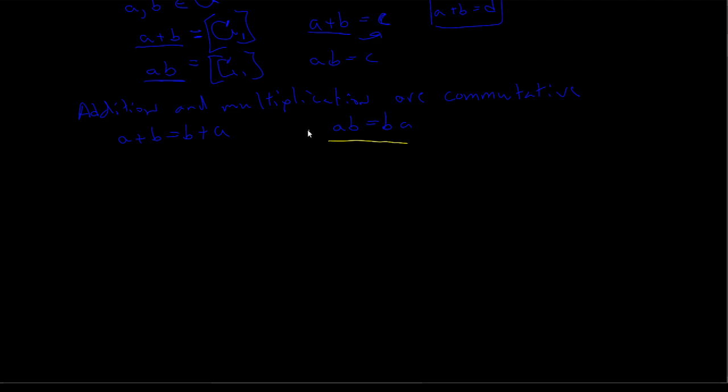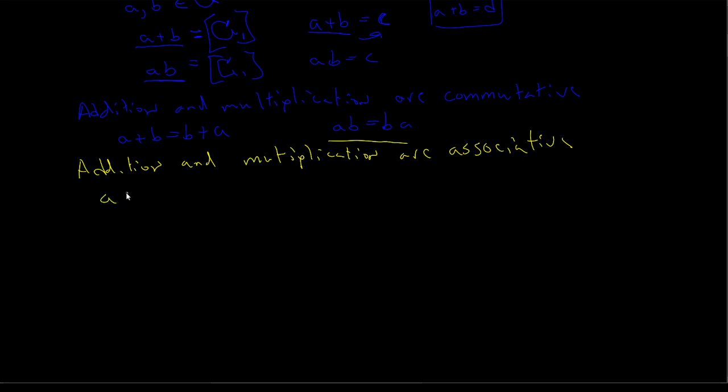And let's see. Addition and multiplication are associative. So if I have A plus B plus C, that's the same as adding A and B first and then adding C, so that we can do associative grouping on it.